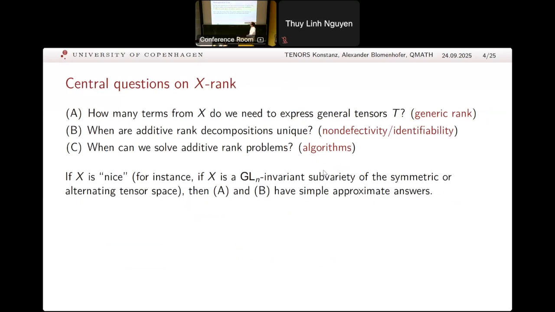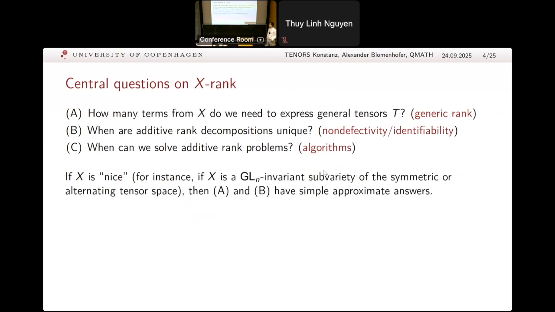I like to think about three different questions. So dimension and degree, of course, but if you look at this from the perspective of additive X rank, then the first question that I would ask is, what is the generic X rank? And the second question is the degree question: when are our additive rank decompositions unique?